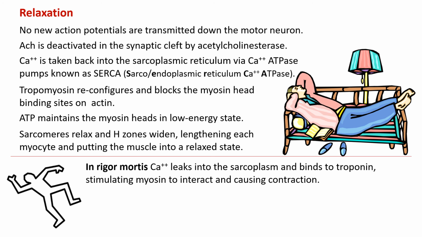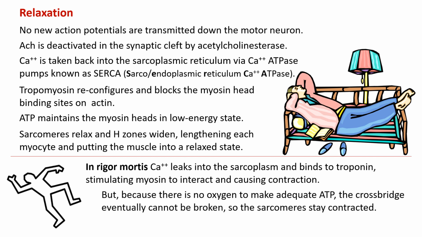When it binds to troponin, of course, it's going to set the whole process off. Tropomyosin moves. Myosin decides, oh, we're off, I'm going to hydrolyze my ATP, and we're going to have a cross bridge and power stroke, etc., and we're going to have contraction because we suddenly have calcium available.